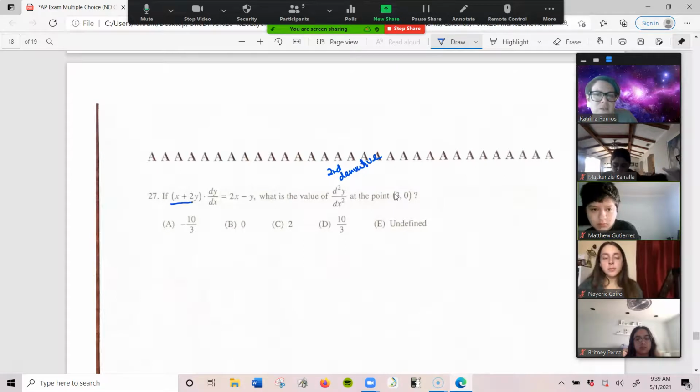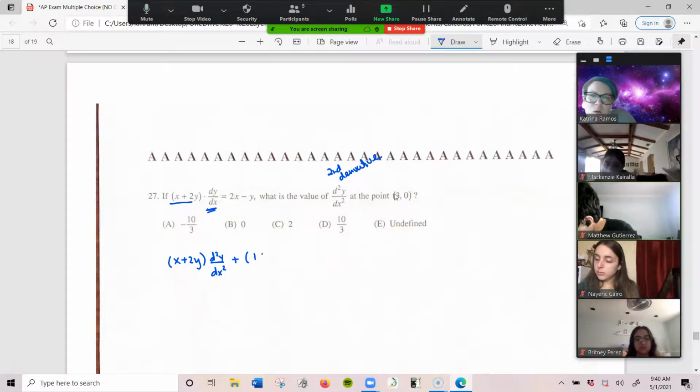Because this is x plus 2y, and then here you have dy dx. So that's a product. Okay, is that okay if we do that? So we leave the first alone, so it'll be x plus 2y. Take the derivative of dy dx, which is the second derivative, so d squared y dx squared, plus, now we take the derivative of the first function, which is 1 plus 2 dy dx.